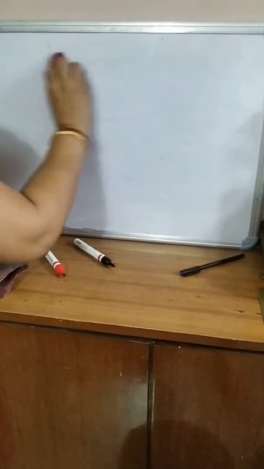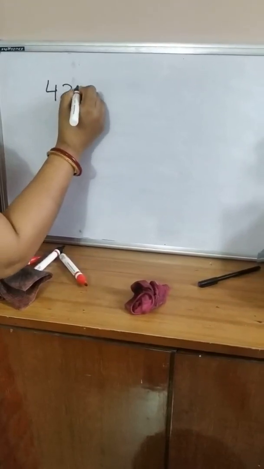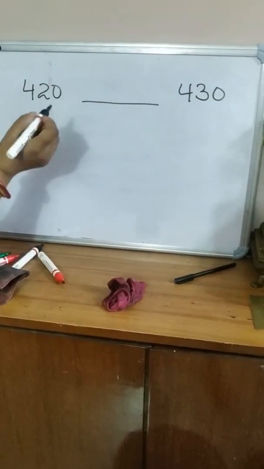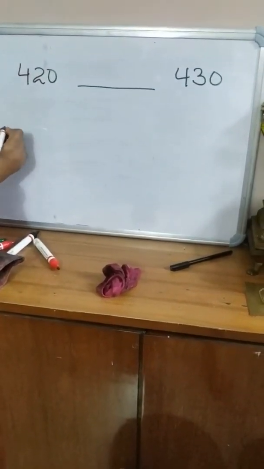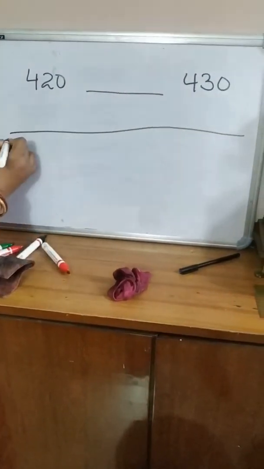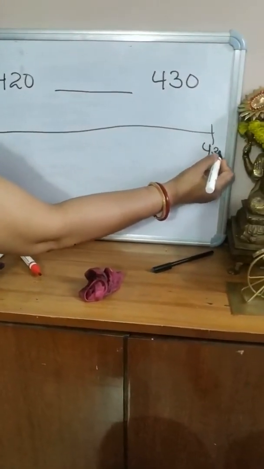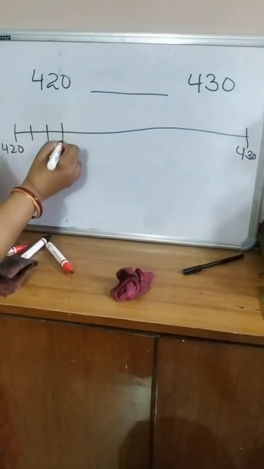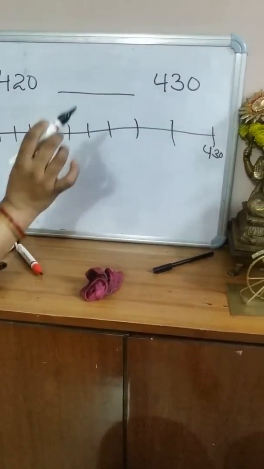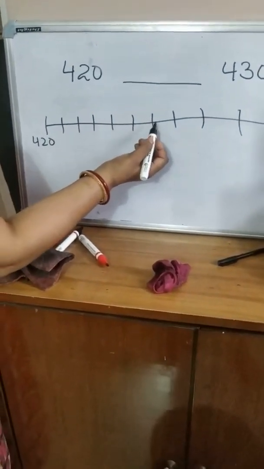Now all of you see. In between 420 and 430, how many numbers are there? 10 numbers are there. So here I am going to divide this. This is 420 and this is 430: 1, 2, 3, 4, 5, 6, 7, 8, 9, 10.